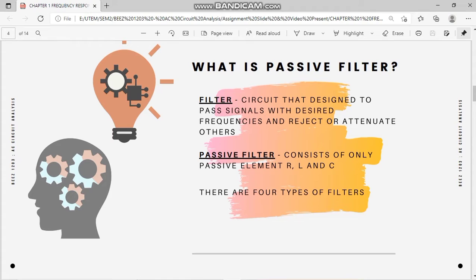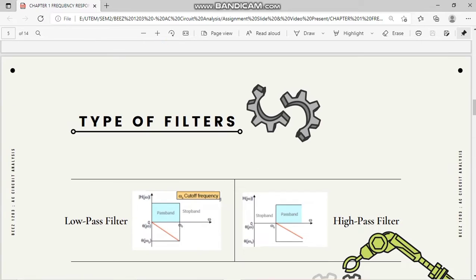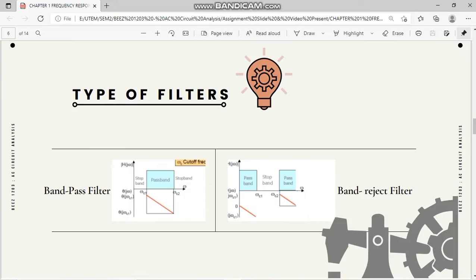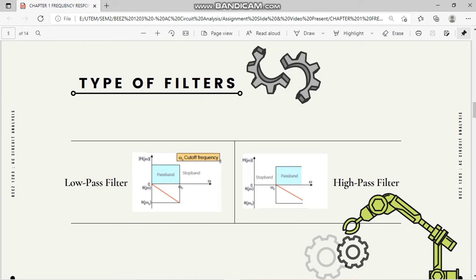For the passive filter, they are having 4 types of filters. They are low pass filter, high pass filter, band pass filter, and band reject filter.